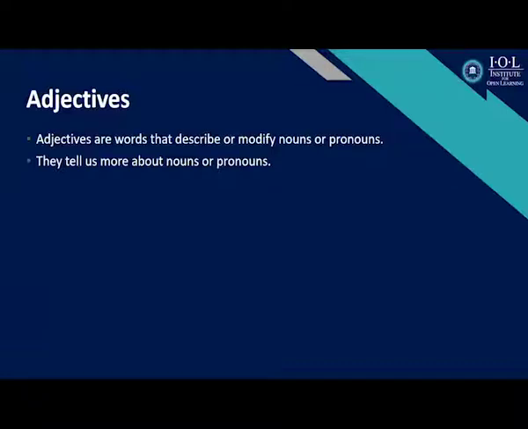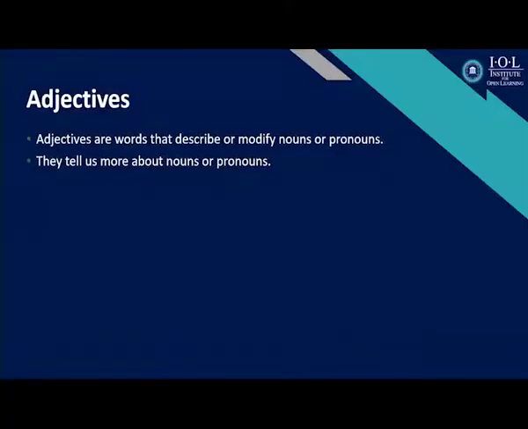The function of an adjective is to describe or modify a noun or a pronoun. How do we describe or modify a noun or pronoun? By using different words which we call adjectives. We have quite a number of adjectives such as red, black, tall, sweet, sour, and long. Those are just a few examples of adjectives.